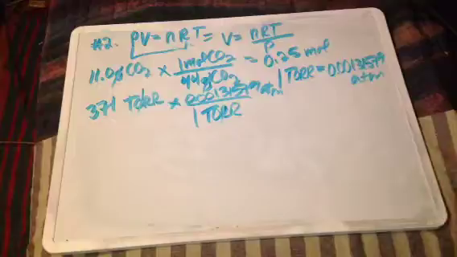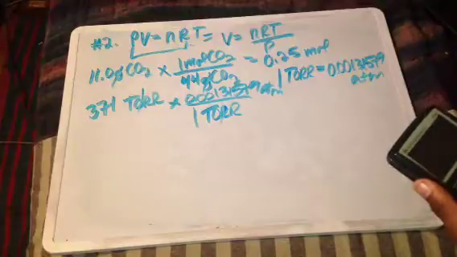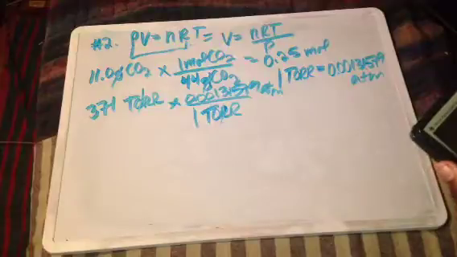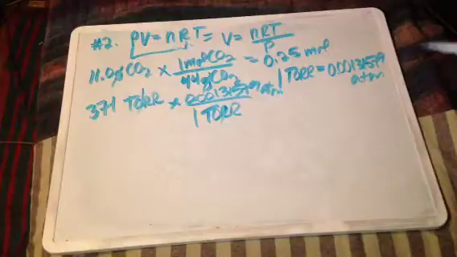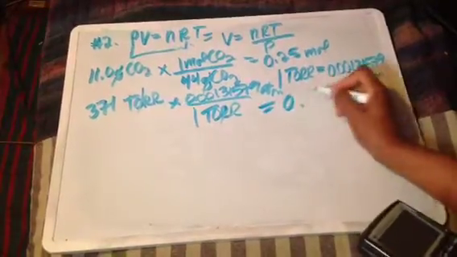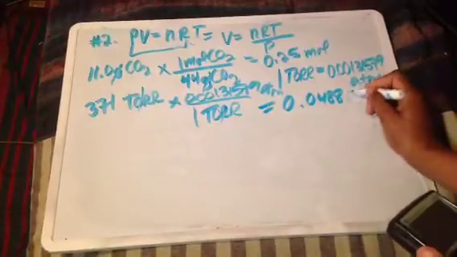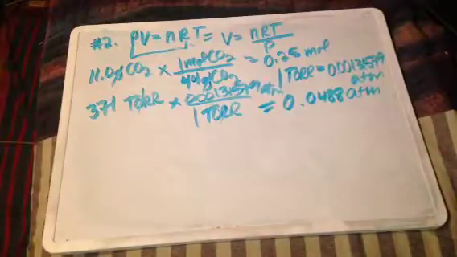We have 371 times 0.0013159, and we get 0.0488 ATM. Okay, and that is going to be our pressure, right?